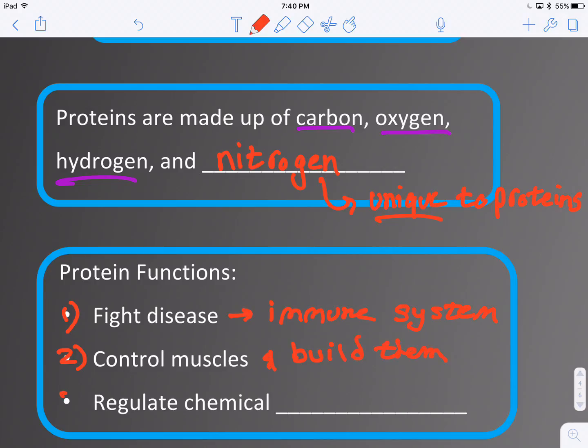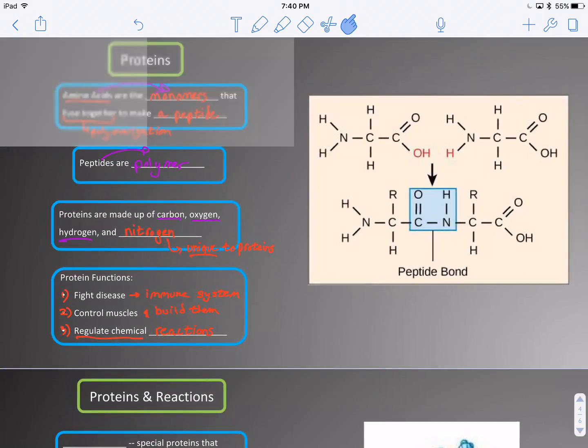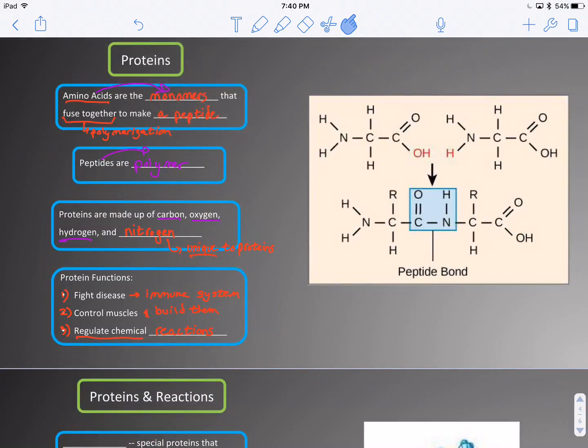And then third, this one's probably most important and the one that's least talked about, is that they regulate chemical reactions. This is something we're going to talk about super briefly right now, but in our next unit, it's going to be the major subject.